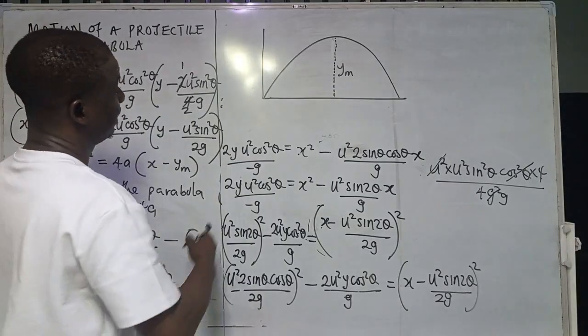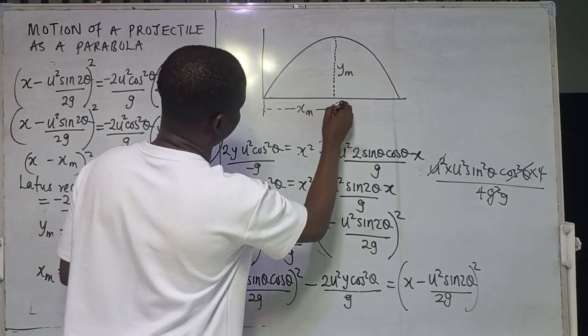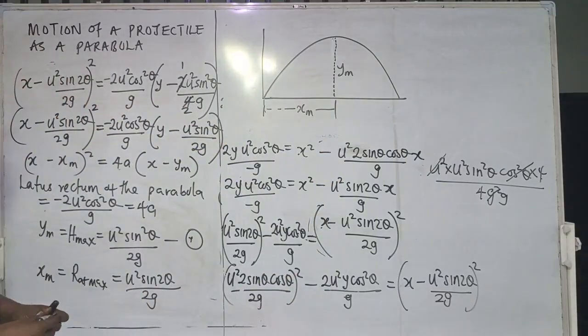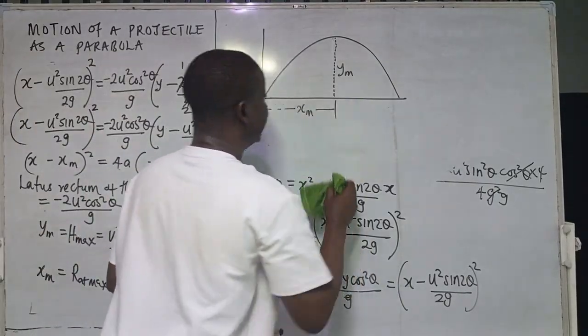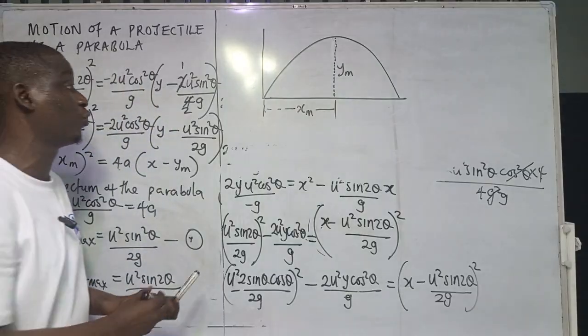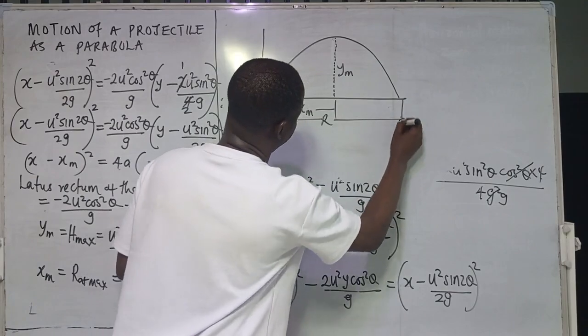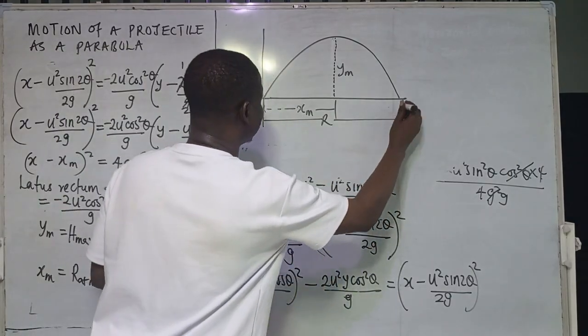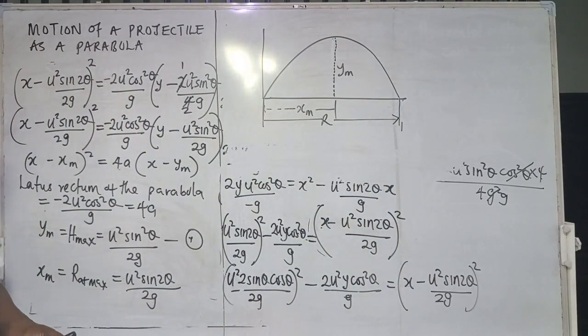Now, the maximum height. This from here to this place is also x max from here to here. Don't forget that the x max multiplied by 2 is equal to range of the parabola. The range of the parabola is equal to what? From here to this place is your full range, your horizontal distance of the projectile, of the parabola rather.